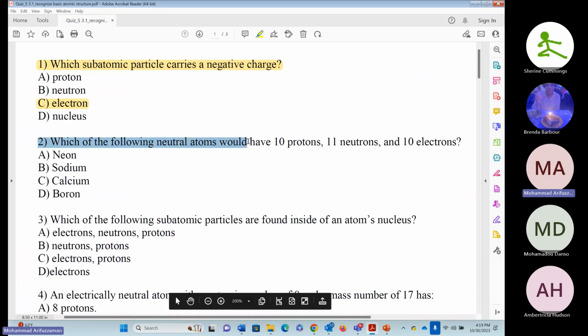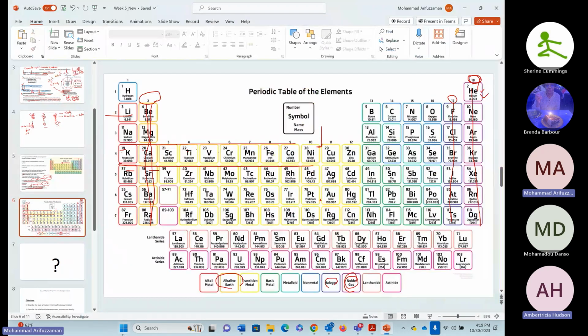Which of the following neutral atoms would have 10 protons, 11 neutrons, and 10 electrons? I think to explain these questions, you have to know the periodic table. You can see the number of protons is 10. If I zoom in on the periodic table, let me show you.